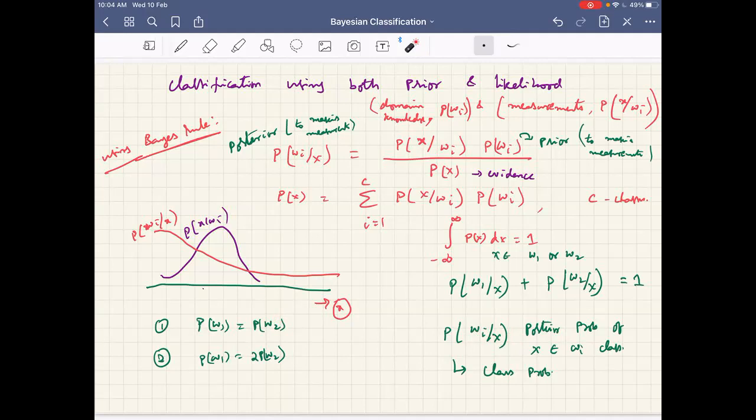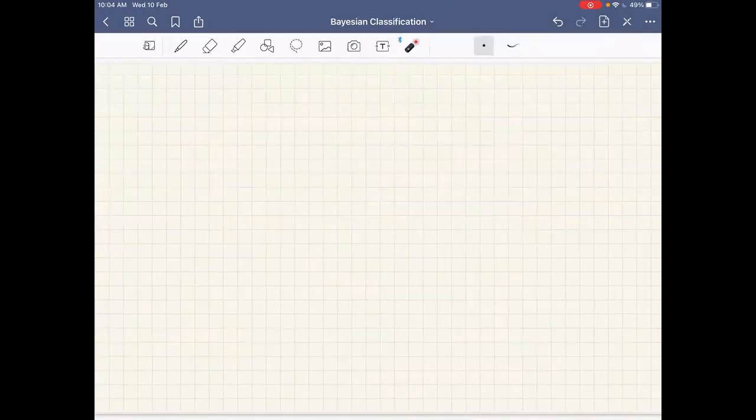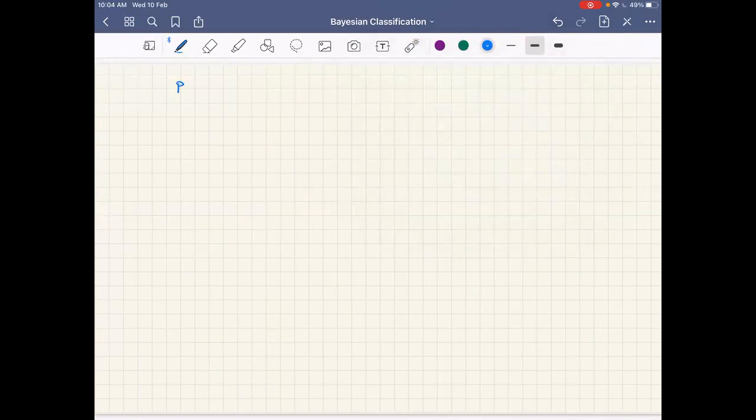Or in other words, I will pose a general question and then we will come to that discussion. Assume that our priority is to take the decision based on the likelihood. Also assume that P of omega i given x is what we wish to use for doing classification. How do we go about it? Any answers?